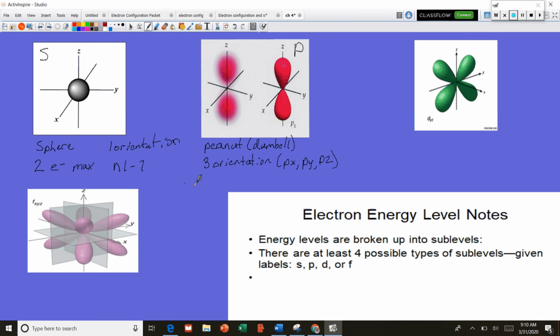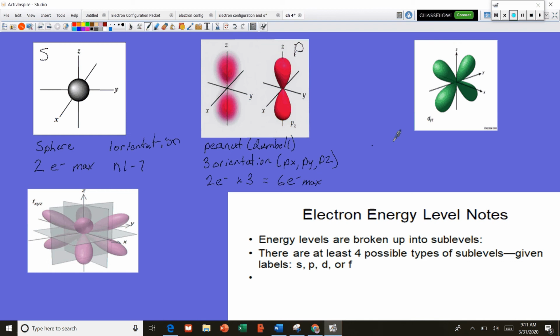Each orientation can hold 2 electrons. So we have 2 electrons times 3 orientations, which gives us a total of 6 electrons maximum. Now, in this one, both of these pictures are representing the PZ. The PX would be along that axis. The PY would be along that axis.